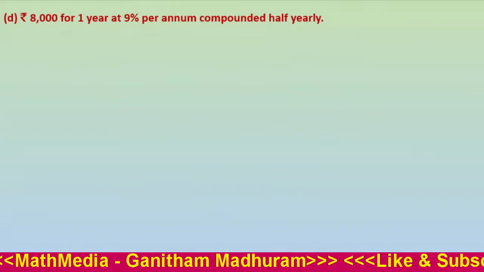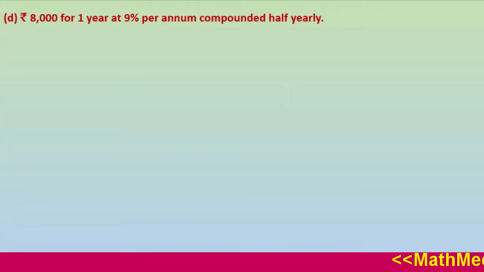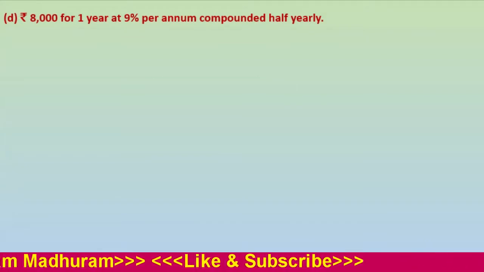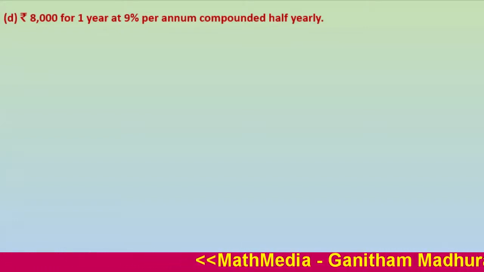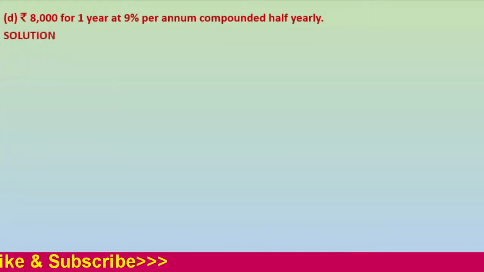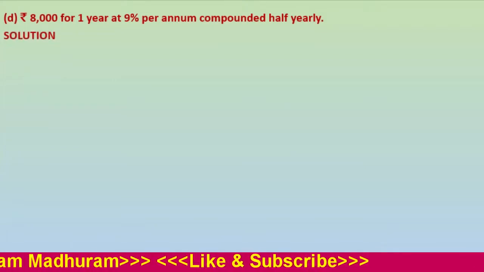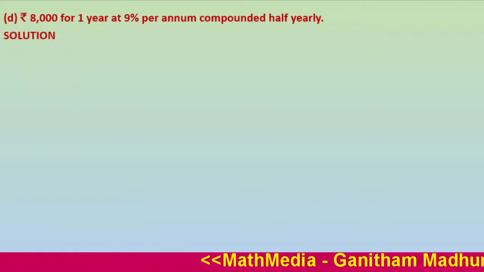Next question D. We can calculate the amount and compound interest for rupees 8,000 for 1 year at 9% per annum compounded half yearly. So what is our first step? Yes, we have to write what is given in the question.